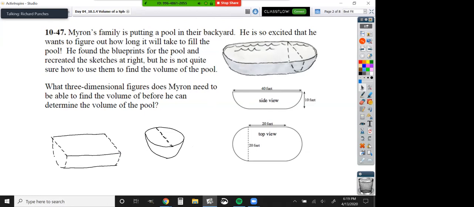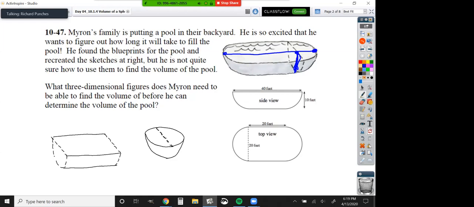If you're looking at these dimensions, just a quick adjustment here. The 40 feet in this picture is from here to here. The 10 feet is the depth of the pool from here to here, which is also the radius of that sphere.